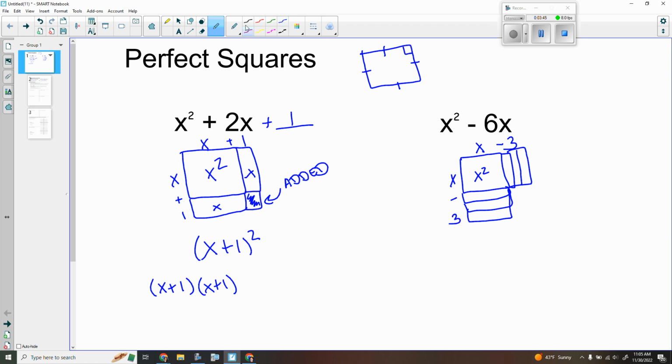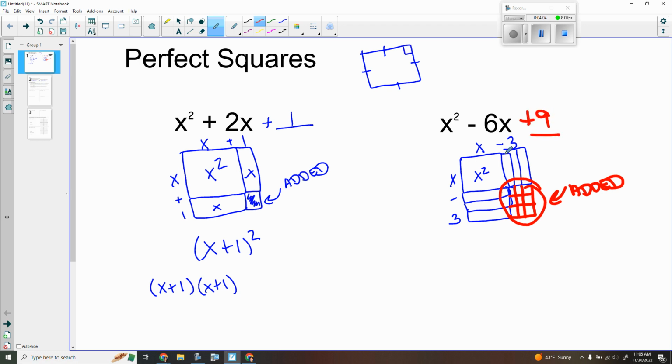In doing that, I am essentially adding in these sections here. How many tiles did we add? We had to add 9 of them.